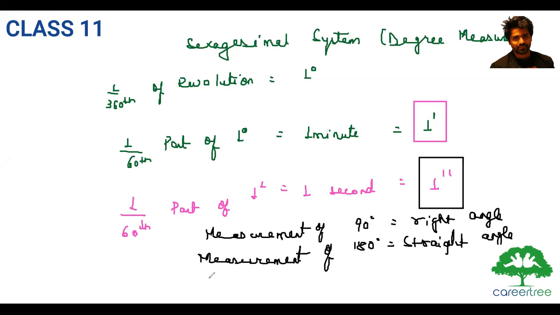And the measurement of 360 degrees is a complete angle. These are the basics which we already know. So this is all about the sexagesimal system of measurement of an angle.